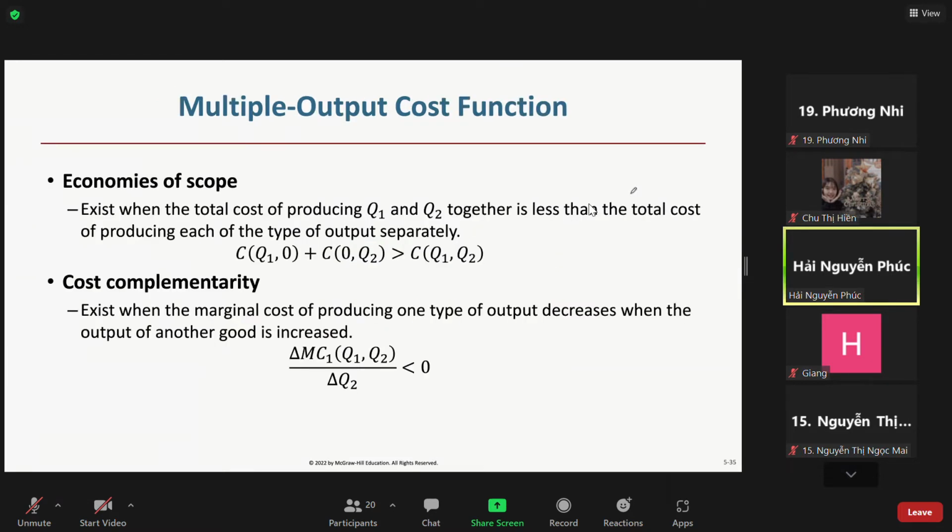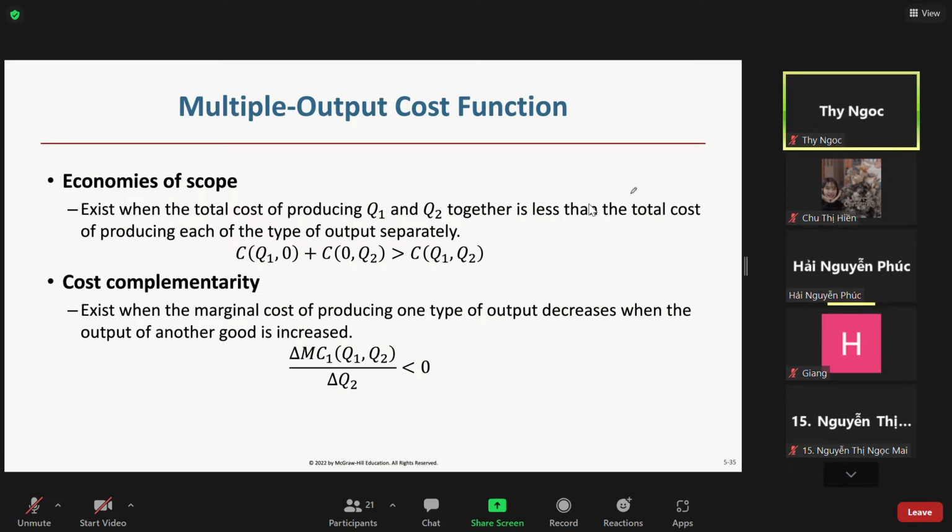Okay, now let's move to the next point. Here we are going to discuss the multiple output cost function of the firms. You can see that in practice, the firms might have multiple outputs. It means that they can have a production line, a product line.